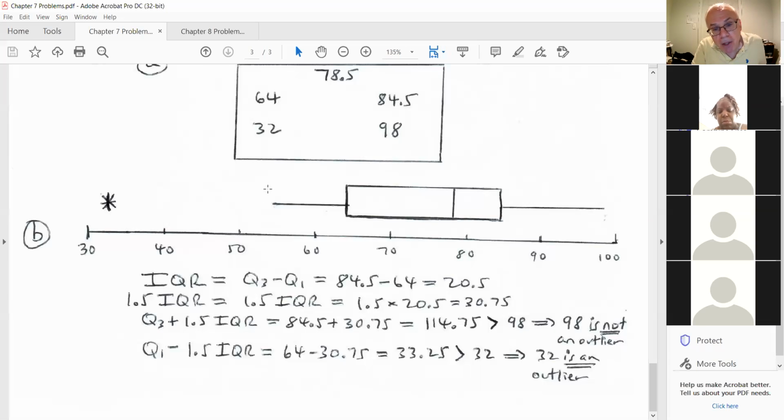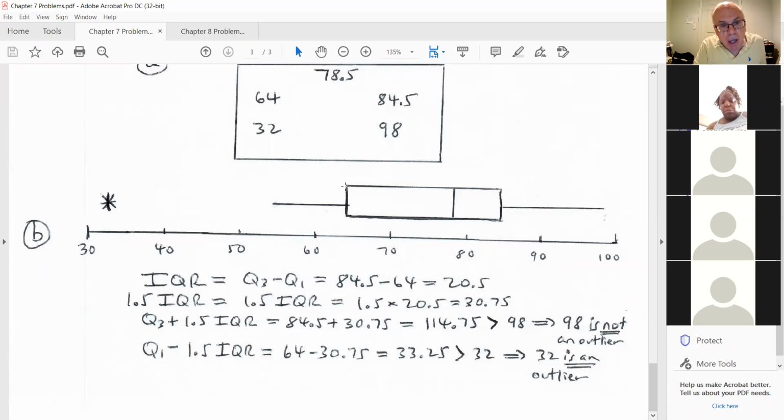Now, one thing we can do with the box plot is we can answer the following questions. We can say, all right, between 32 and 64, what percentage of the data is between 32 and 64? And your answer would be 25%, because the Q1, or the lower quartile, means that 25% of the data is less than that.